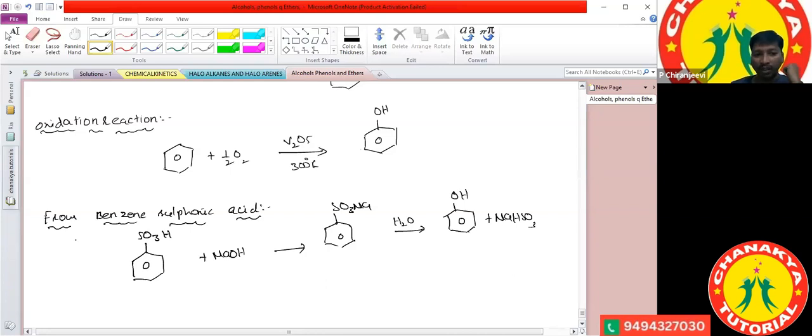Clear? So when benzene sulfonic acid is treated with sodium hydroxide, first sodium benzene sulfonate is formed. Again it undergoes hydrolysis and forms phenol plus sodium bisulfite.